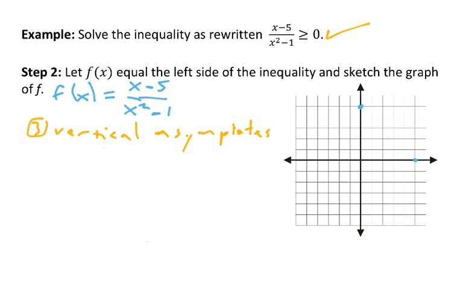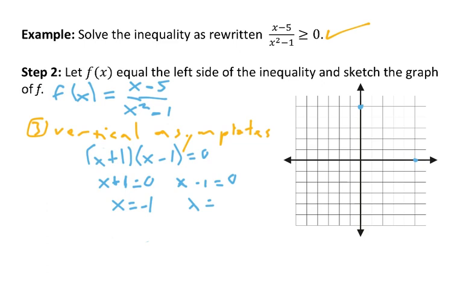In this case, it is actually slightly nicer to remember that the denominator factors as x plus 1 times x minus 1, and setting each factor equal to 0, we get negative 1 and positive 1 as the locations of our vertical asymptotes.